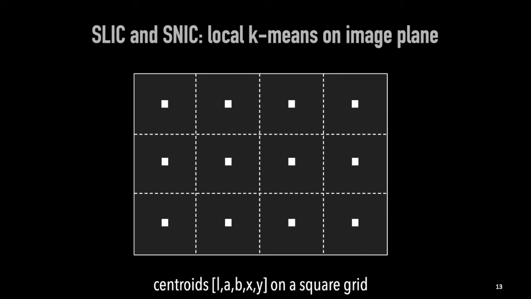Both SLIC and SNIC use local k-means on the image plane, or in case of voxels, on the image stack. We define the cluster centroids in LAB color space, but that's not strictly necessary. You can actually get a relatively good result just applying it in sRGB color space on a square grid.